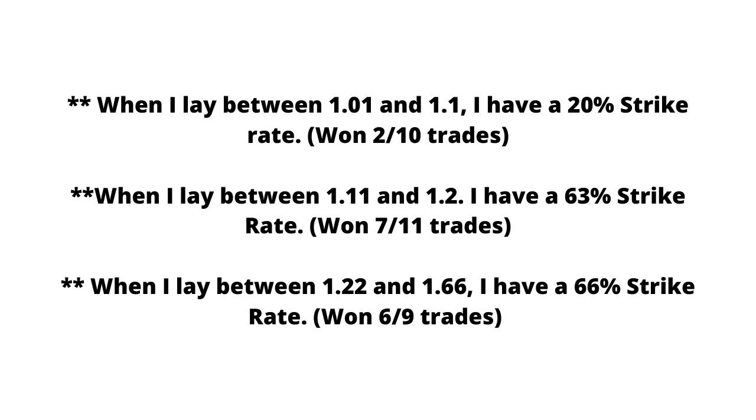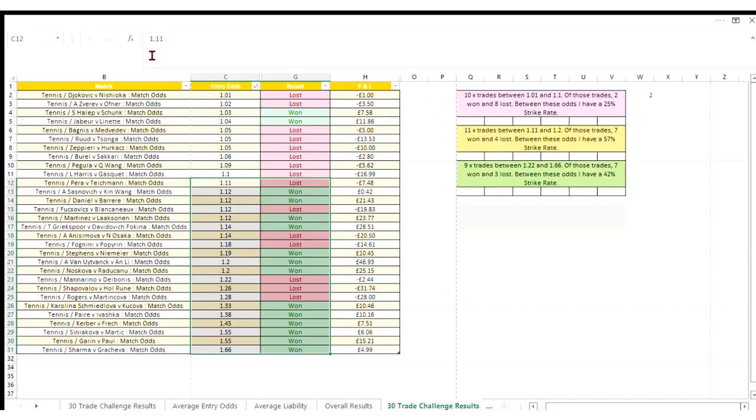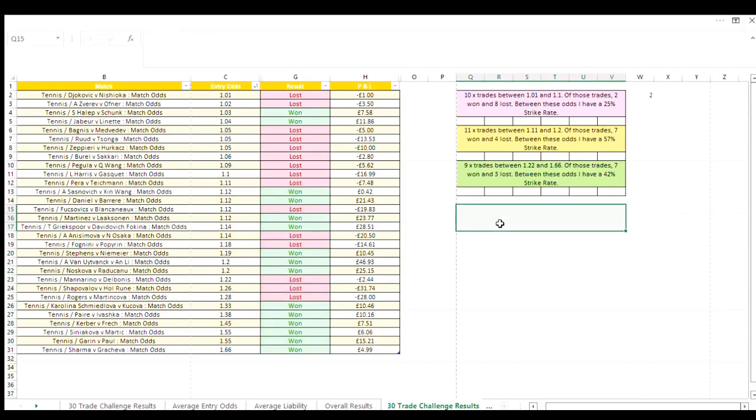So of these, that would mean I've got a 65% strike rate when laying between 1.11 and 1.66.